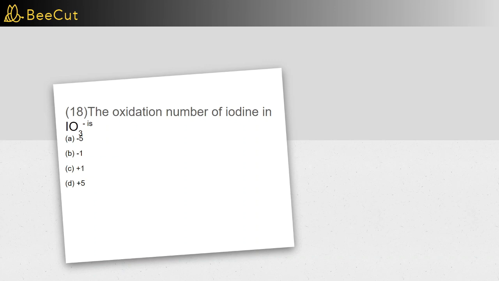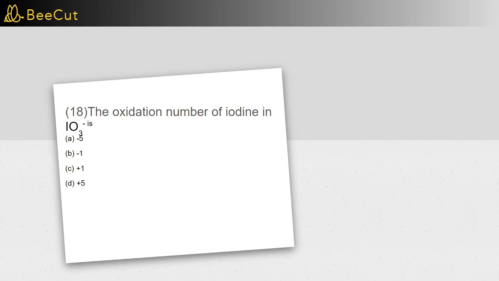The oxidation number of iodine in IO3 minus. How do you do this?